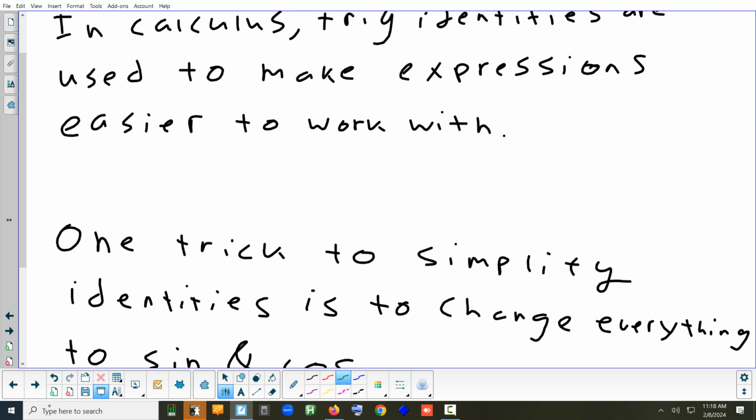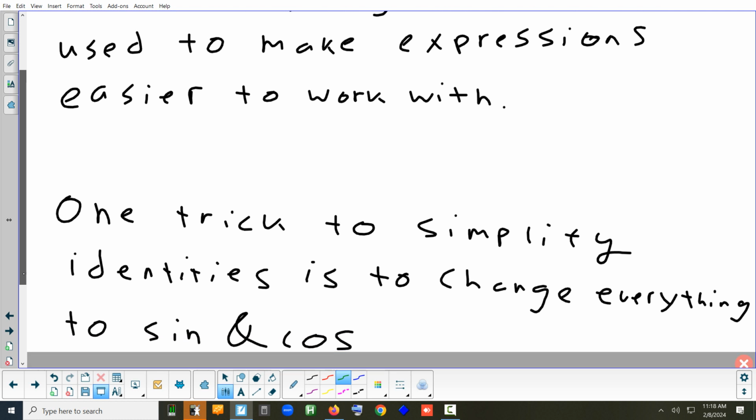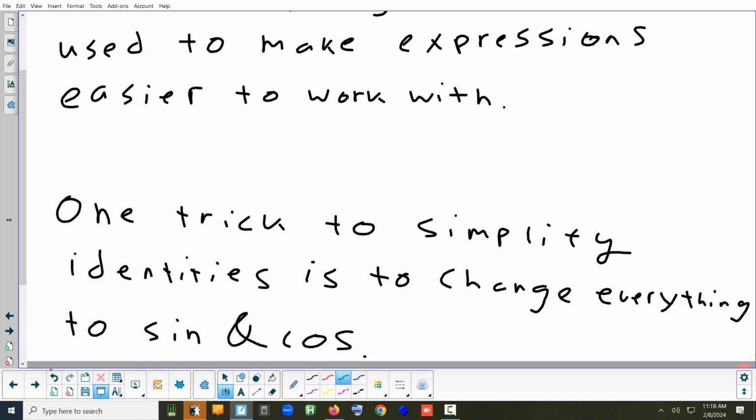One of the main tricks is to change everything to sine and cosine. So if you have a problem that has other trig functions in it, get rid of those functions and make everything sine and cosine. I'm not going to say that's the way you do every single problem, but a good amount of problems can be done that way.